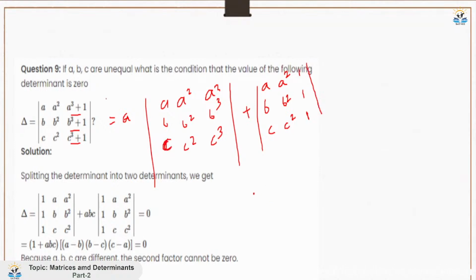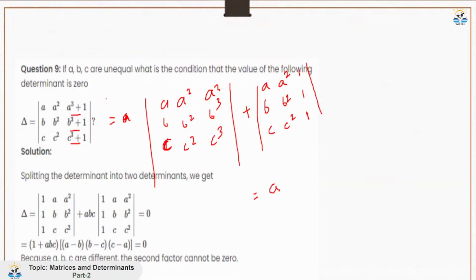Now what you can do is take A, B, C common from each row. So take A common from the first row, B common from the second row, and C common from the third row.